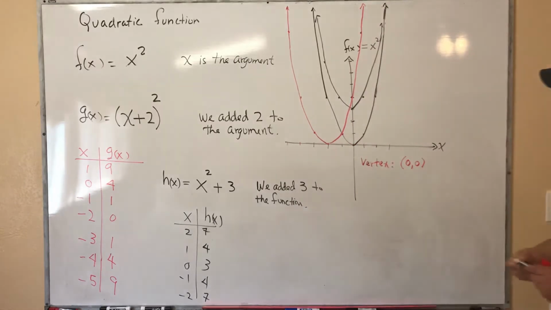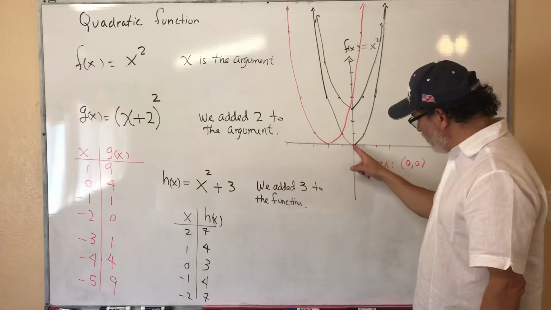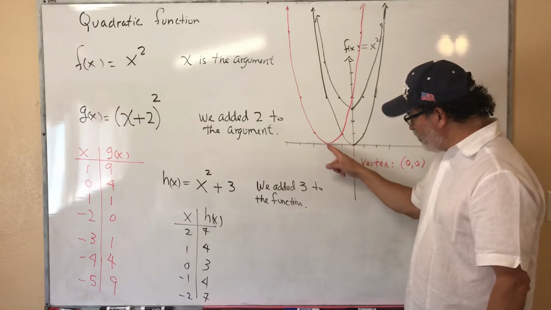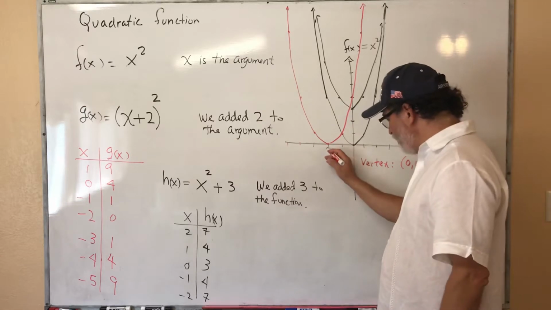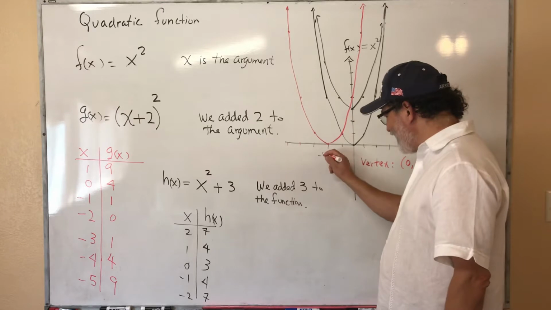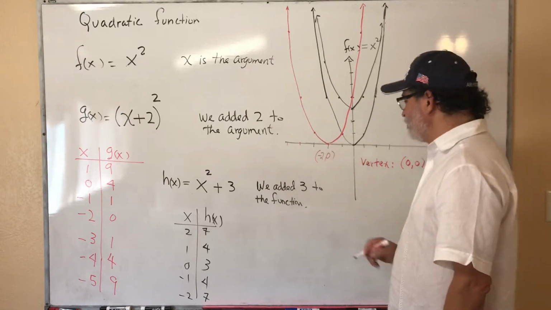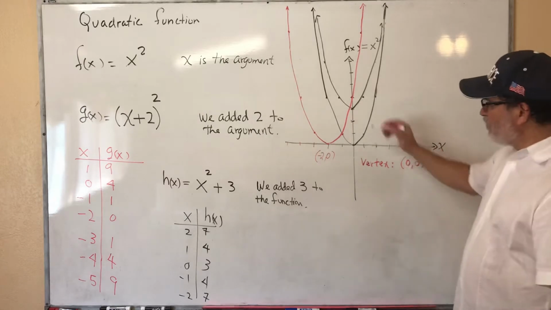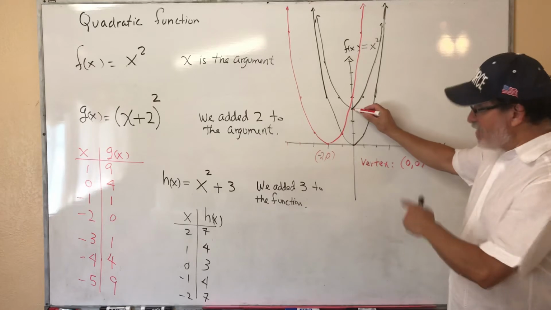Look, from here we went this way, now we have a new vertex. What's the vertex here? The vertex here is negative 2, 0. What's the vertex for this one? This is h of x.